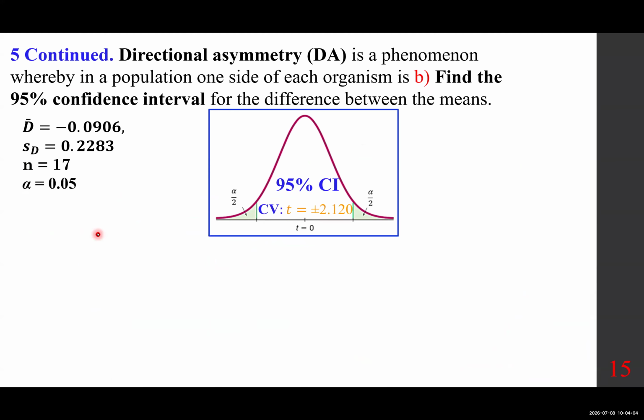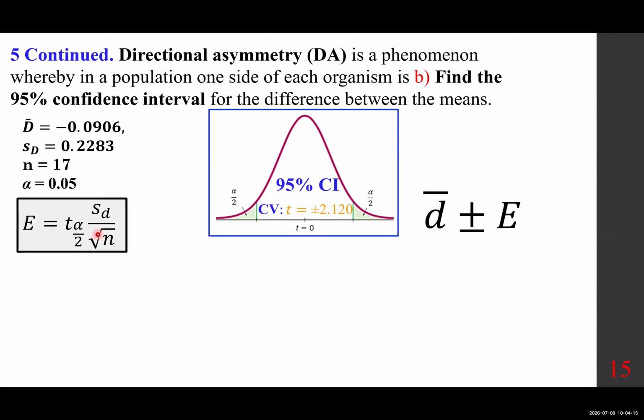Critical value is plus minus 2.120, as you recall. And D bar plus minus E, where E is t alpha over 2 times S over square root of n. So just this one is 2.120. S is 0.2283 over square root of n, where n is 70.